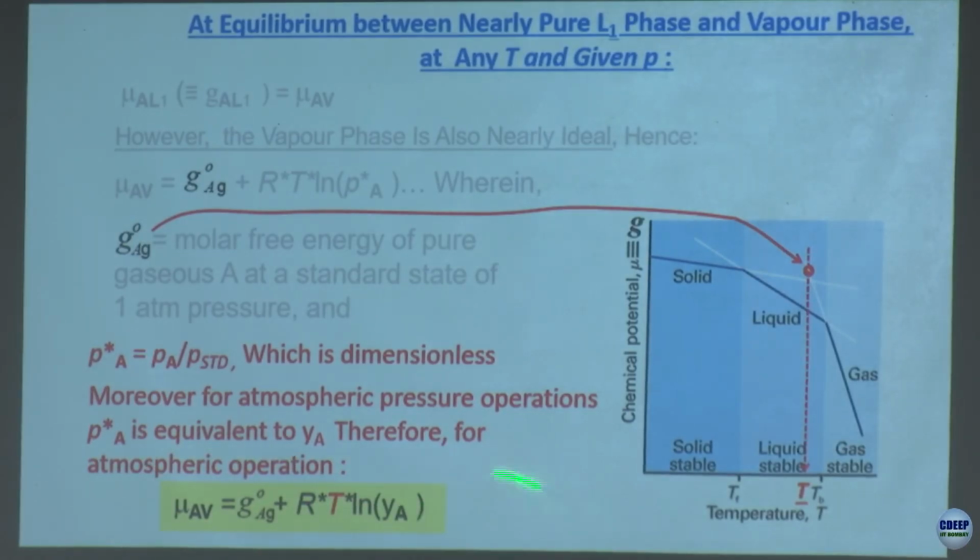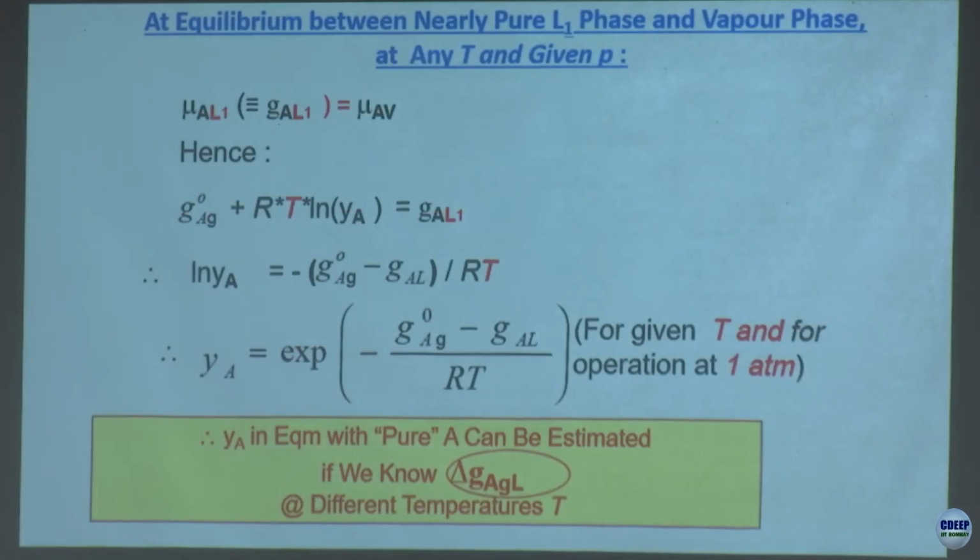So, this is very simple algebraic manipulation. Now, if you do this manipulation, then you can equate the two terms. The chemical potential in the liquid phase has to be equal to the chemical potential in the vapor phase.